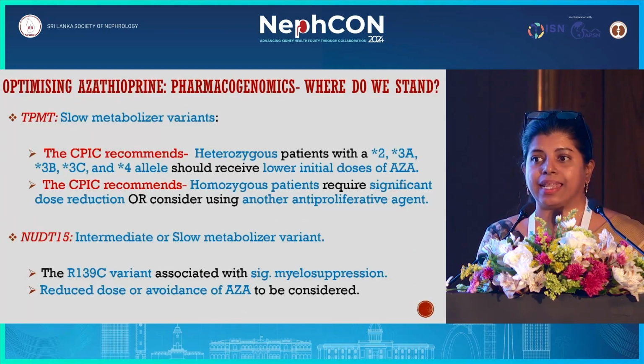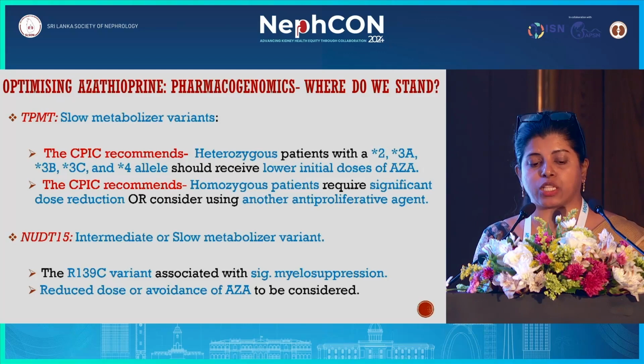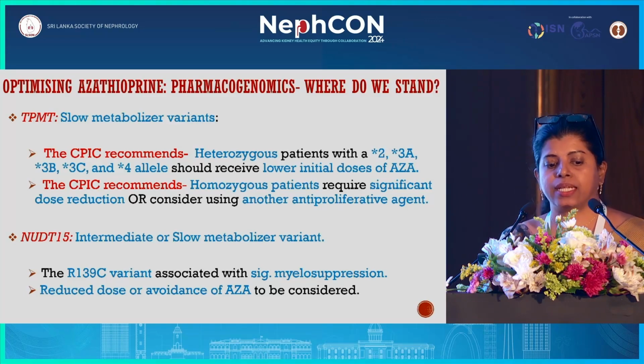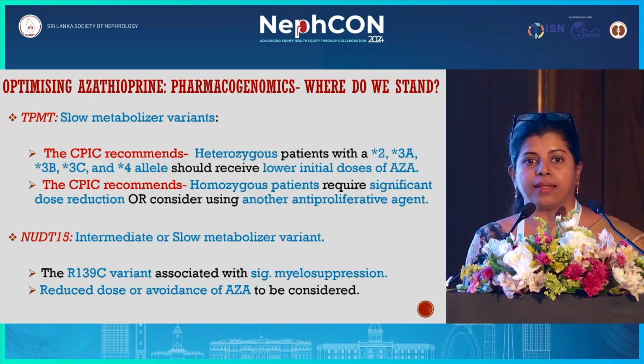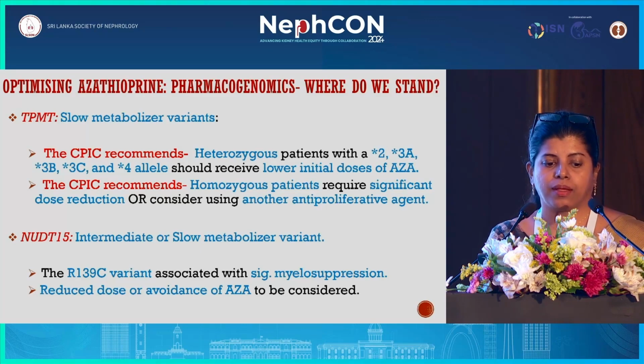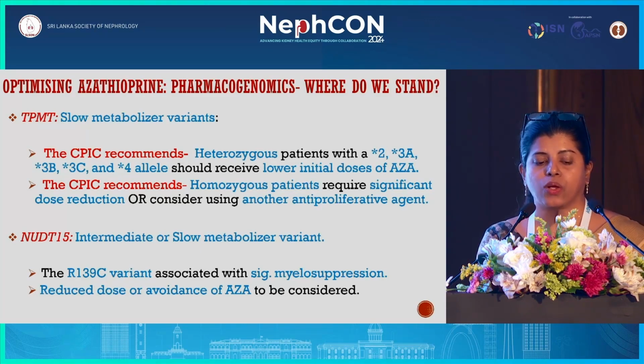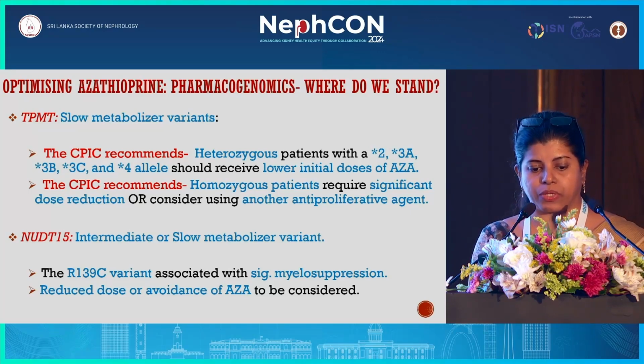There are alleles in the TPMT gene, both heterozygous and homozygous, that can classify the recipient as a slow metabolizer. And if they are slow metabolizers, then we need to give a low initial dose of AZA or consider using another antiproliferative agent. NUDT15 is another gene that is responsible for thioguanine metabolism. Again, a variant called R139C is associated with significant myelosuppression.